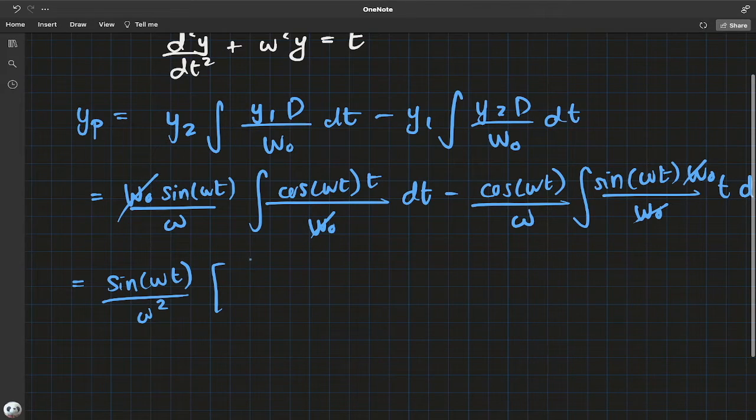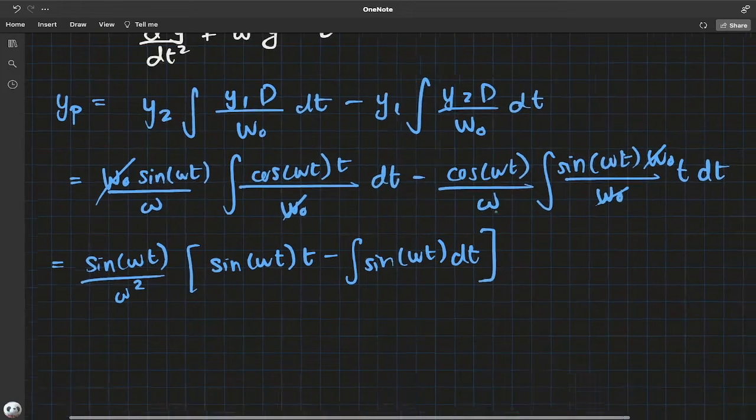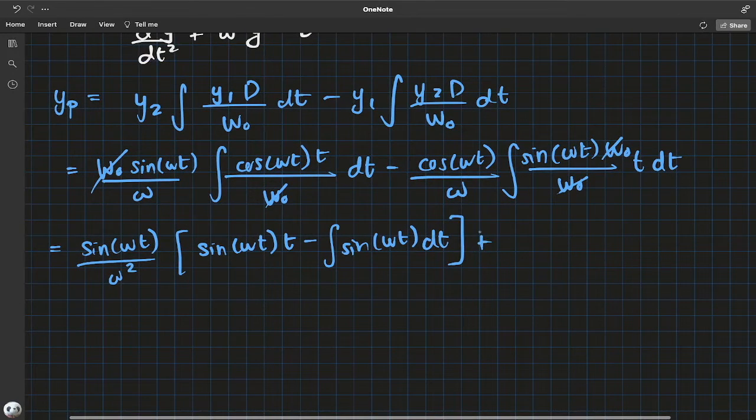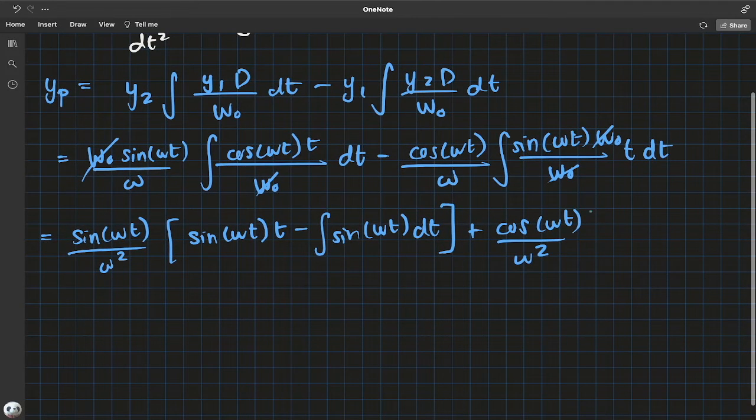Inside we now have a sine of omega t times t minus integral of sine omega t dt, plus cosine omega t over omega squared. I'm pulling out a negative, which makes a positive here because of the sine integral there.